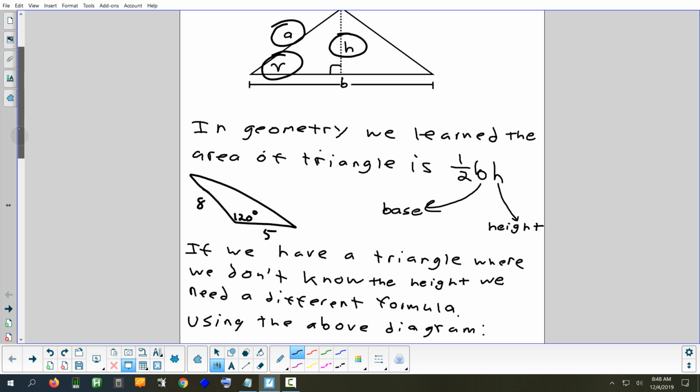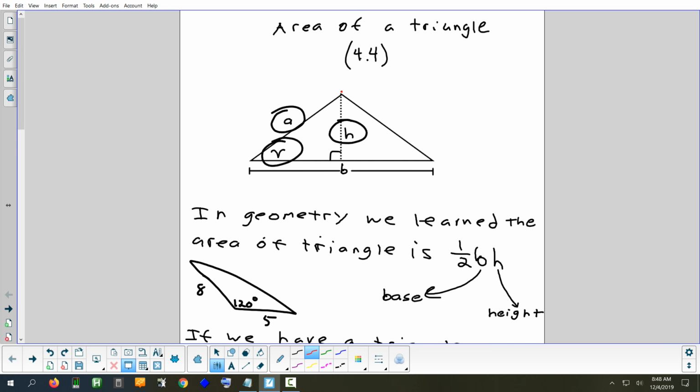For now, just look at this. Forget about that other side of the triangle. What kind of triangle did I just make in red? It's a right triangle. Anytime we have a right triangle, you can use the SOH CAH TOA stuff: opposite, adjacent, hypotenuse. Look at the 3 things I've circled.